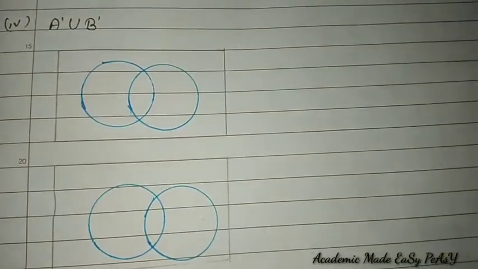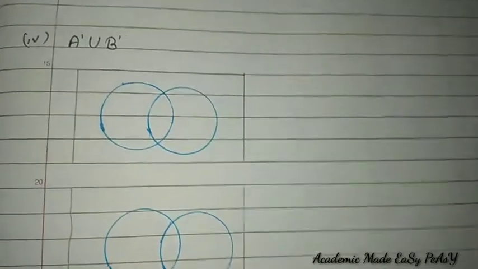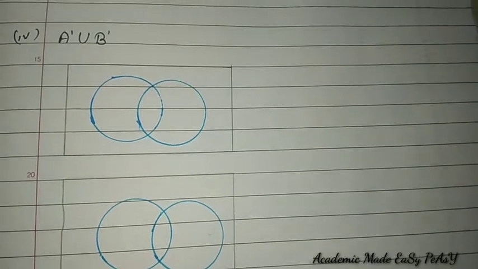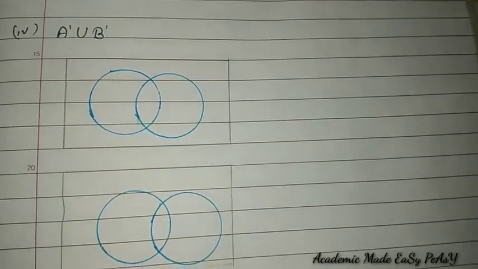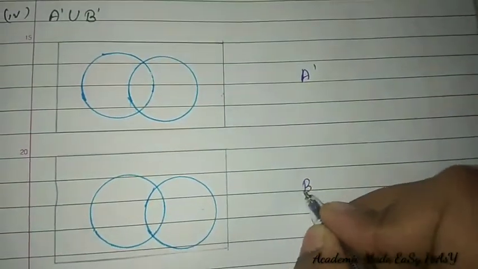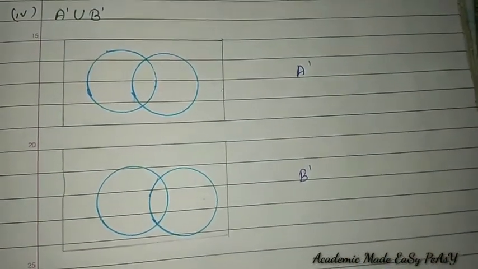Next, we'll move on to the fourth subdivision, which is A dash union B dash. As we did for the previous sum, first we will find A dash, then B dash, and then A dash union B dash.